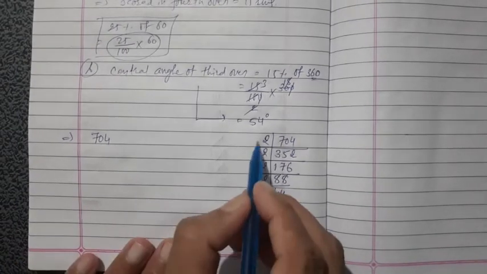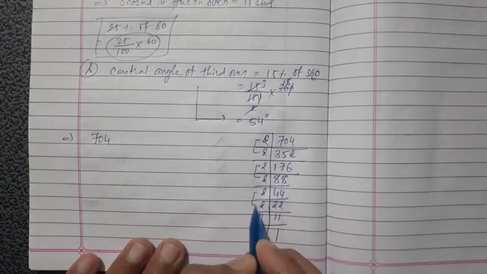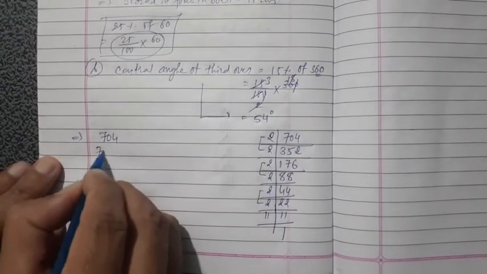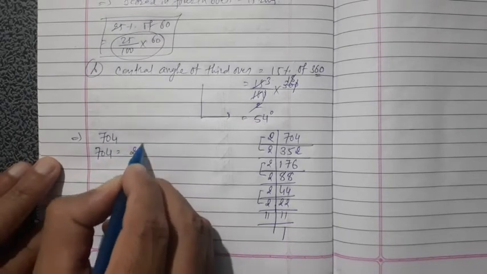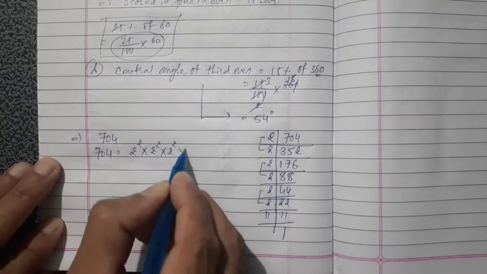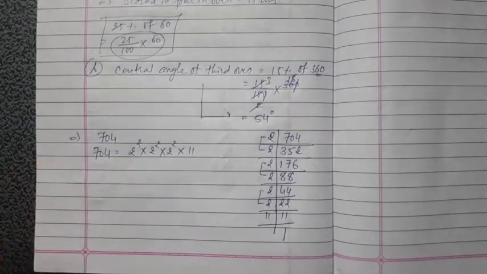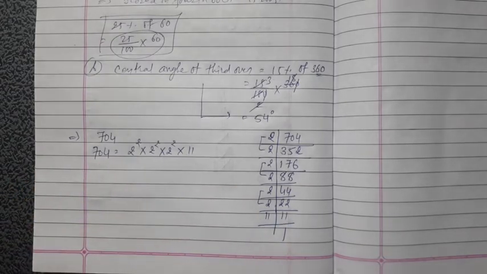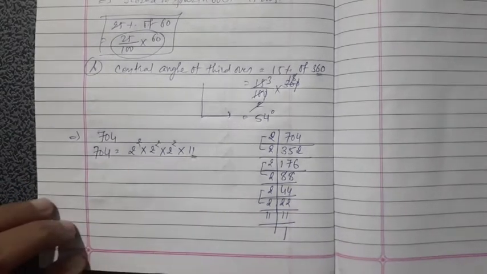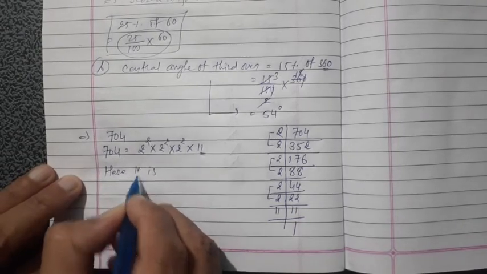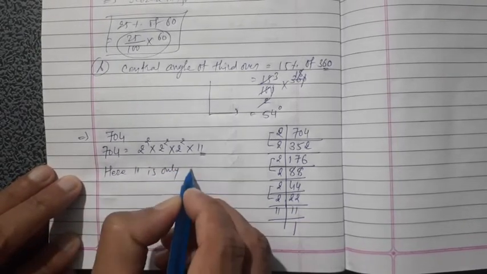Okay, now make pairs of 2s here. So the factors of 704 equal 2 square, 2 square, 2 square into 11. Now we need all numbers 2 times, means in square form, but 11 is only a single time. So write down here 11 is only one time.